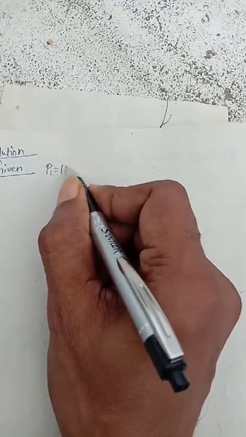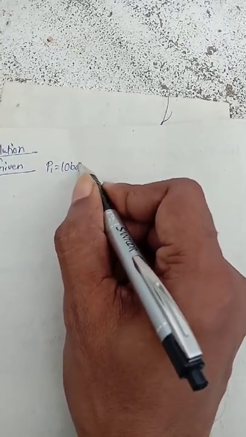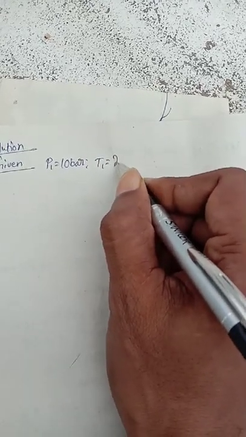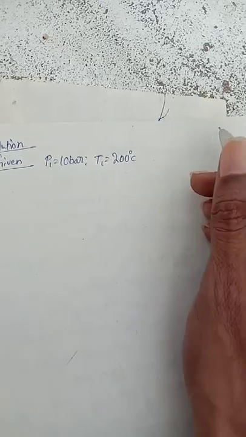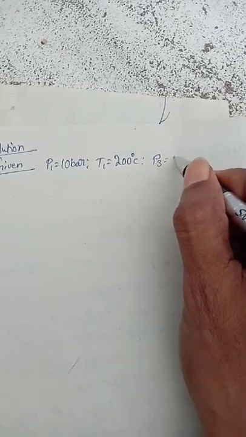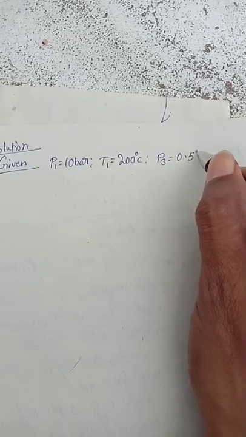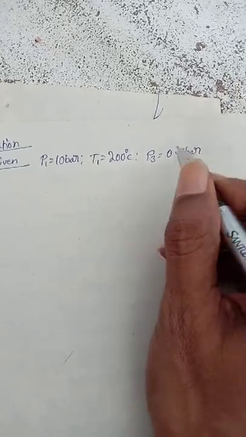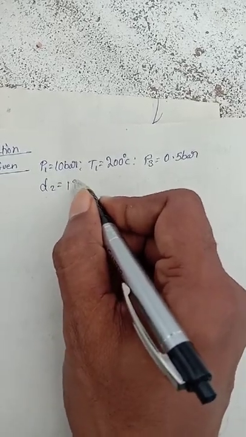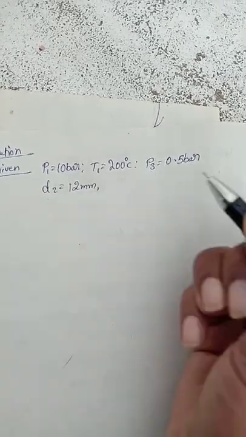P1 is equal to 10 bar. T1 is equal to 200 degrees Celsius. P3 is equal to 0.5 bar. And D2 is equal to 12 mm.